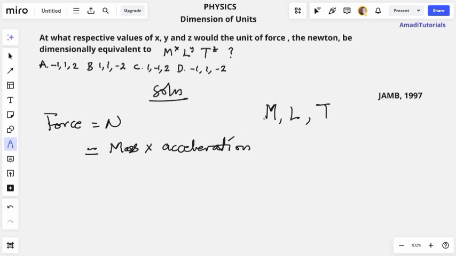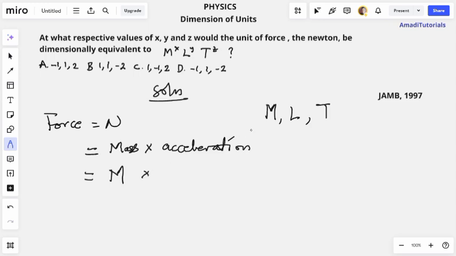So we're going to see how we get mass, length, and time from the mathematical definition of force. So already, the definition of force is what? Mass times acceleration. So mass on its own has been represented here. So we write here m.